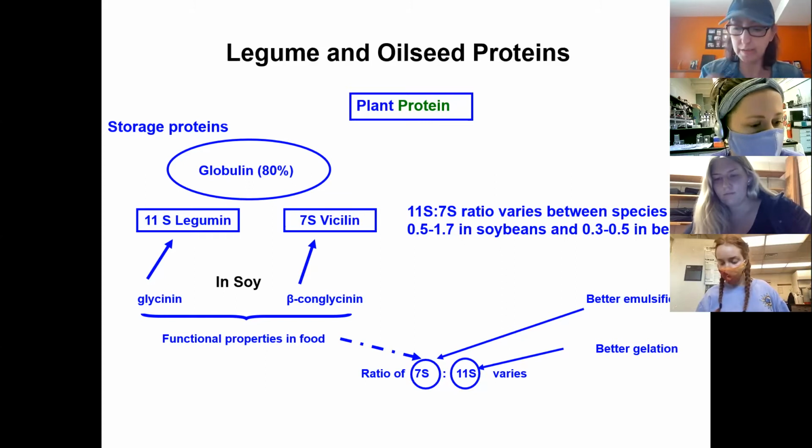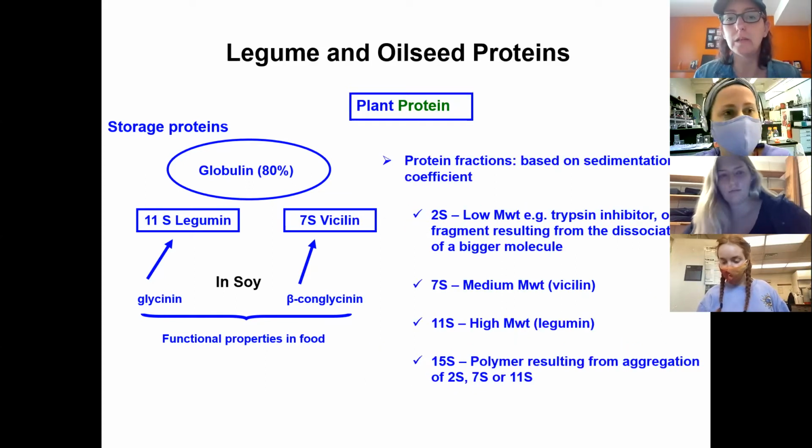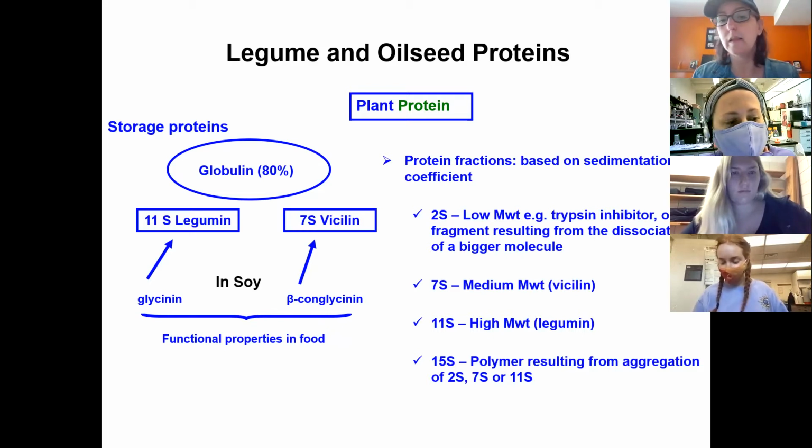Thank you. Yeah, so the correlation to the molecular weight is here on this slide. A protein that has an 11 sedimentation coefficient would be high molecular weight versus 2S, for example, which would be a low molecular weight protein. Okay.